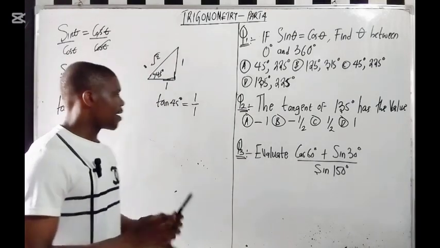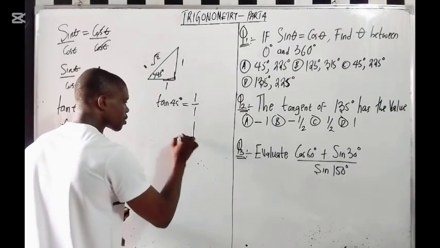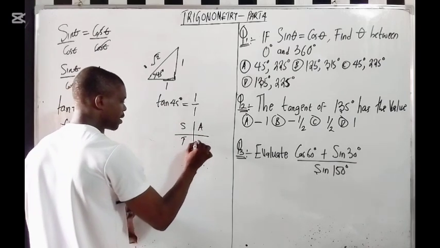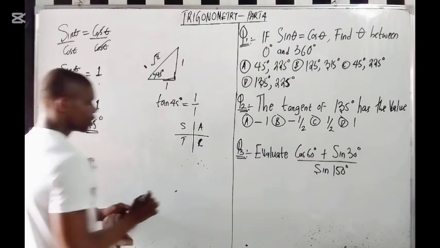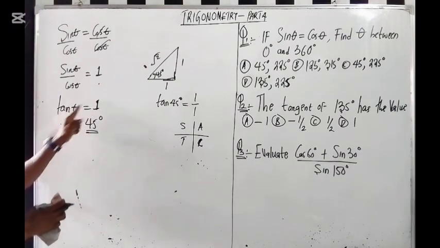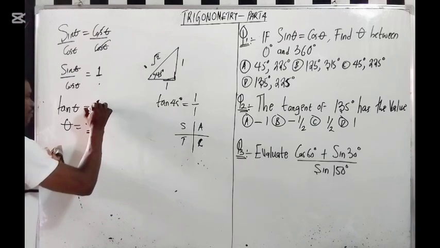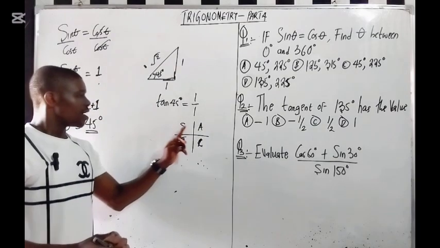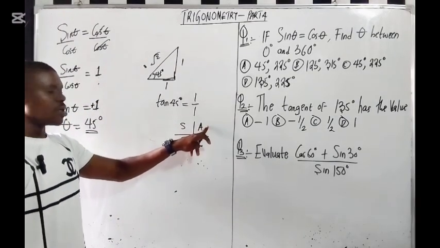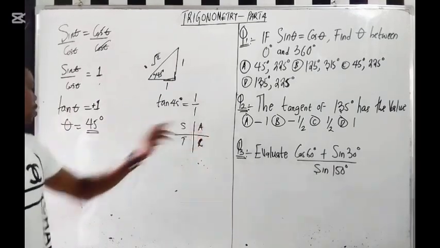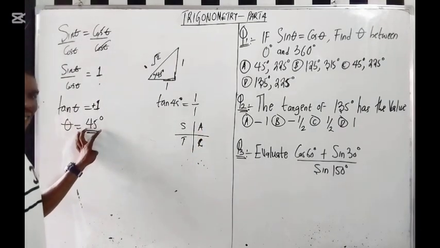Now remember in the 4 quadrants here, because tan theta equals 1, it is positive. So in the first quadrant here, tan is positive. That's how we got to our angle 45, right?